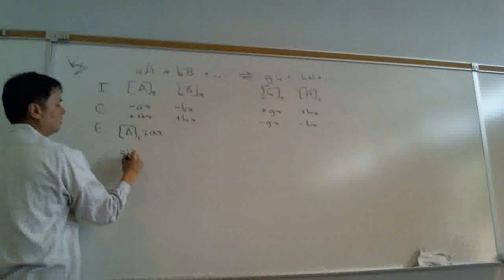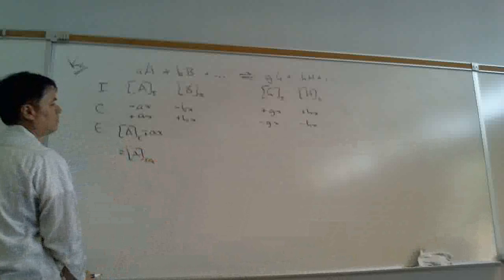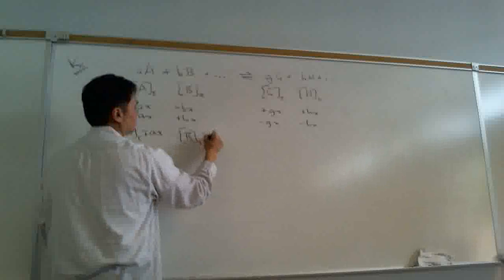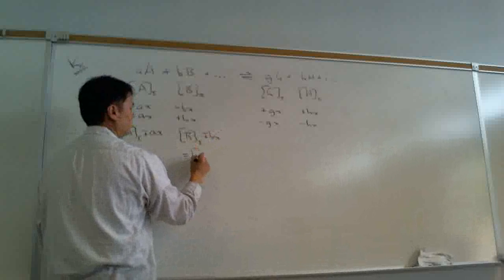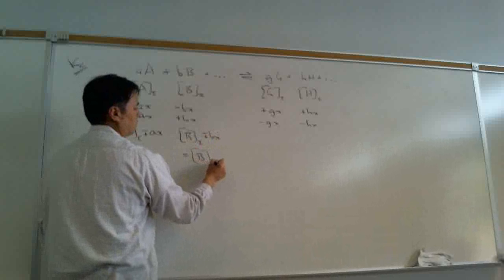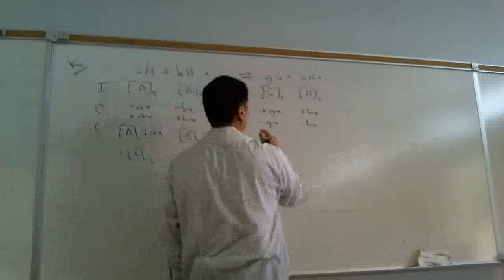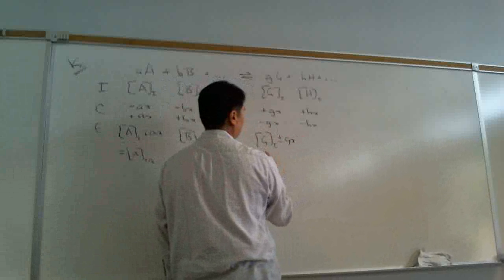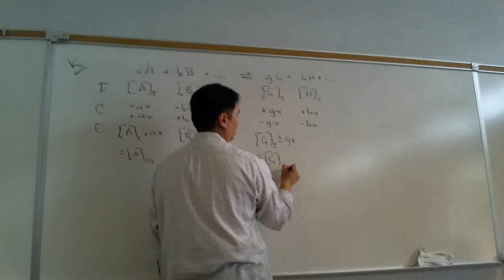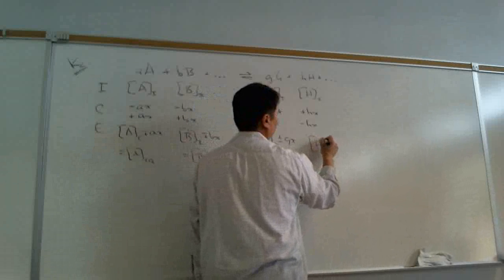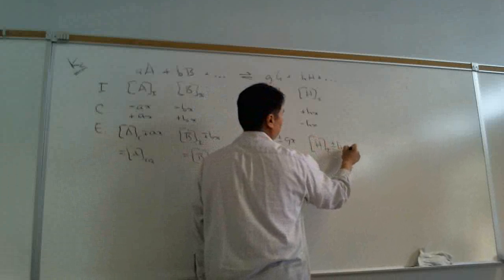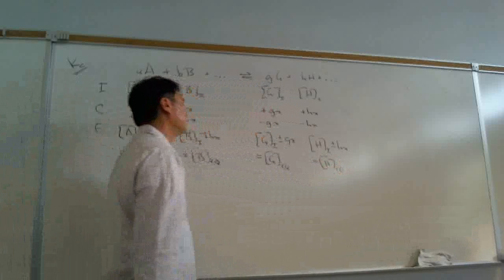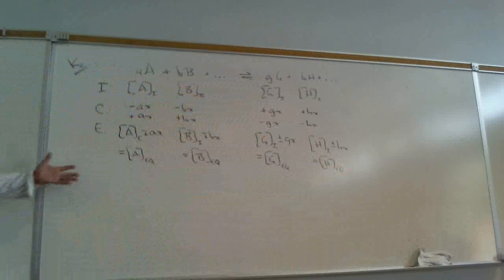This is what we call the equilibrium concentration of A. For B, it would just be B initial minus or plus bX, and this is the equilibrium concentration of B. Then we have G initial plus or minus gX equals G equilibrium, and H initial plus or minus hX equals H equilibrium, the concentration of H. This is our basic stoichiometry setup.